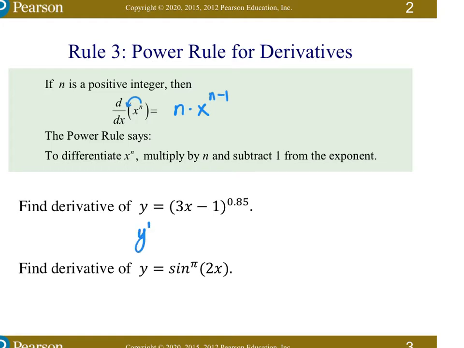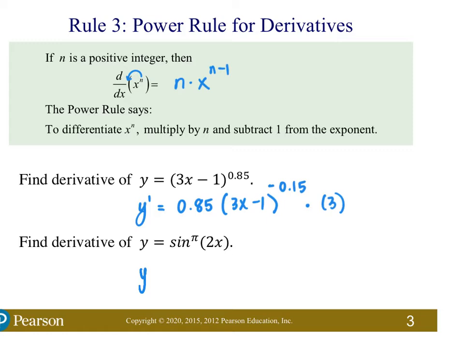So this works for any numerical power. Okay, so it can be 0.85. So 0.85 would get moved to the front. 3x minus 1 would remain inside. The power would decrease by 1, which is negative 0.15. And we're required now to use the chain rule, which would multiply this by 3.